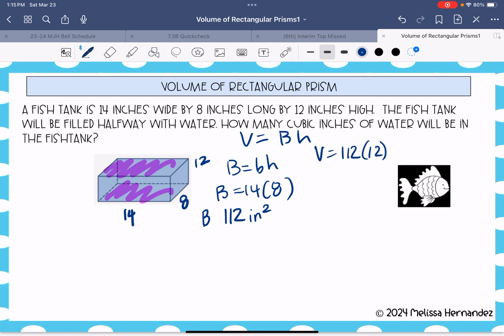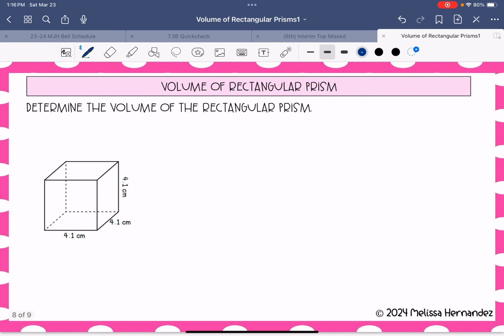So I'm going to multiply the area of the base times 12, which will give me 1,344 inches cubed. However, we said half, so that means I'm going to divide this by 2. And then when I divide by 2, I should get 672 inches cubed. All right, let's go to another problem.